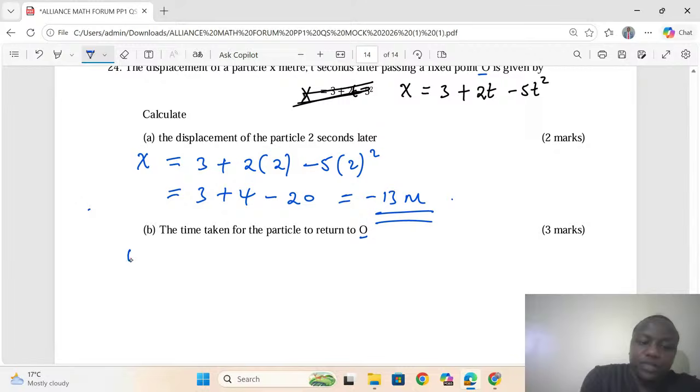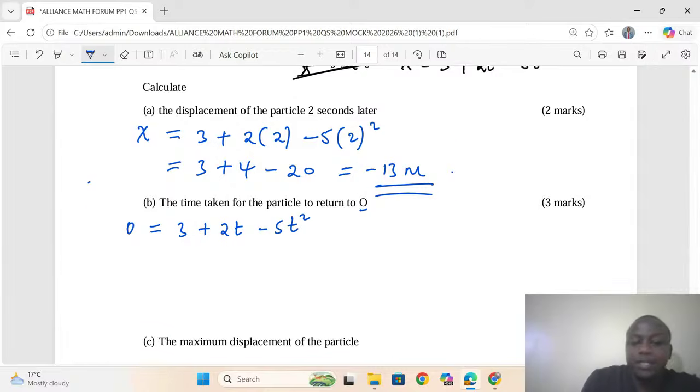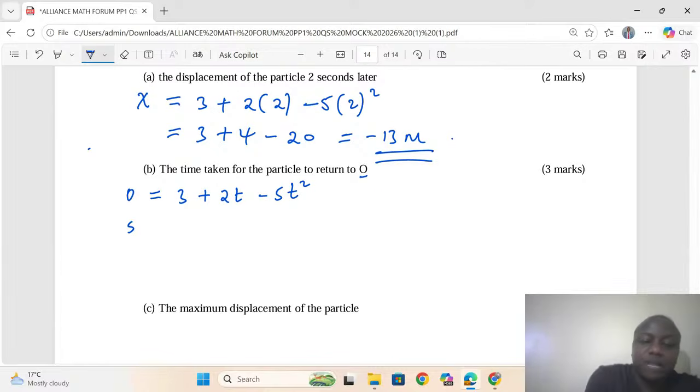So 0 equals 3 plus 2t minus 5t squared. So we can have 5t squared becoming positive on this side, 2t becoming negative, and 3 becoming negative.